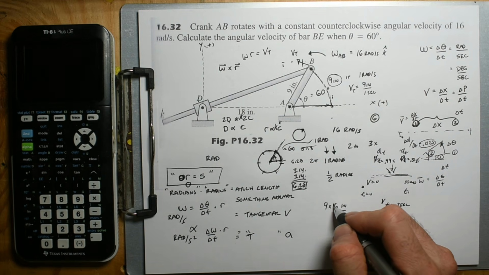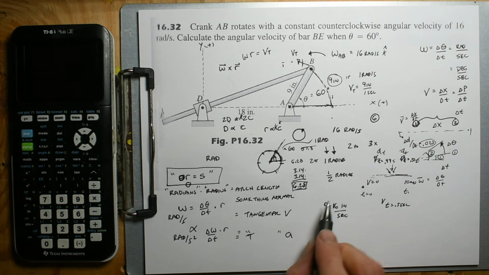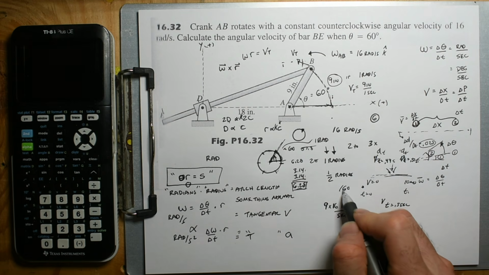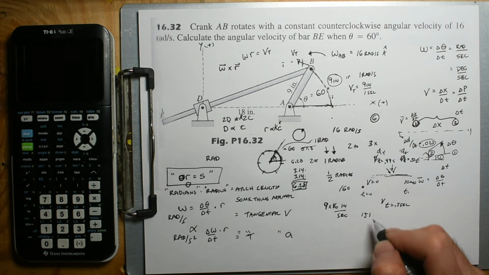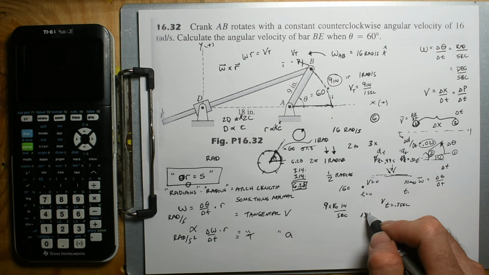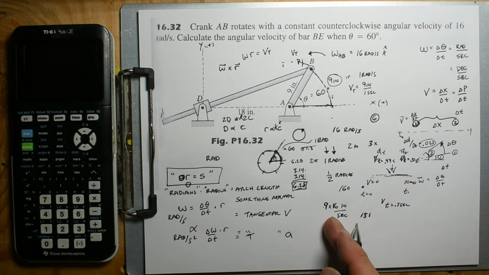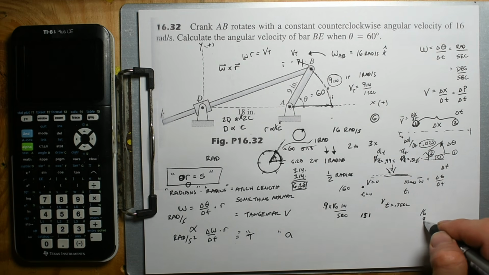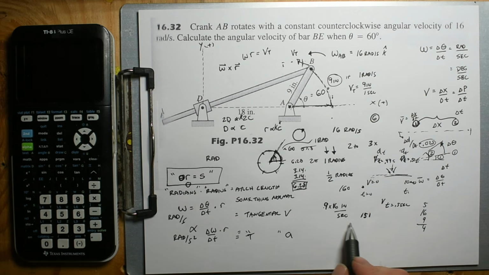So 9 times 16, I'm going to try not to use calculators. That's 10 times 16, that's 160, minus 9 is 151. Doesn't seem like it.